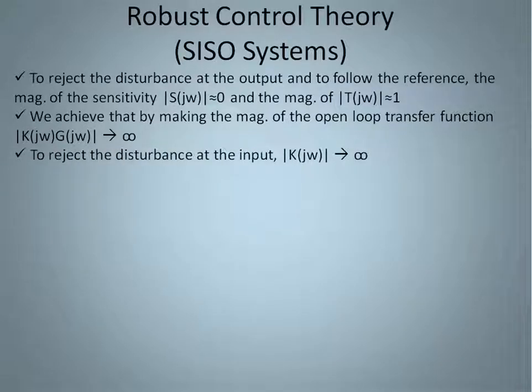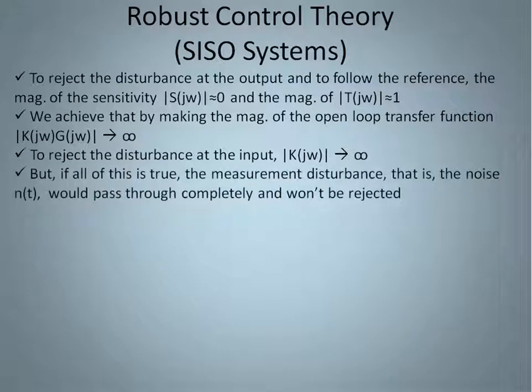To reject the disturbance at the input, we need to make the magnitude of the controller very large too. But if all of this is true, the measurement disturbance, that is, the noise N, will pass through completely and won't be rejected.